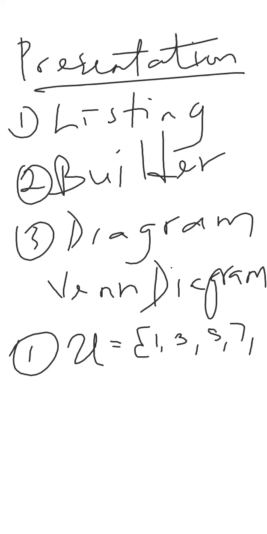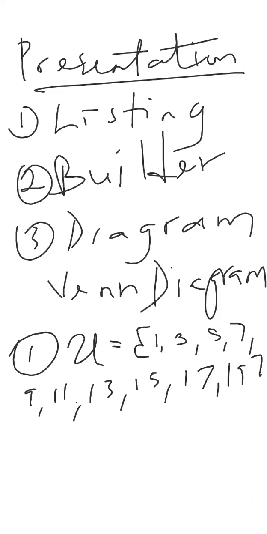Maybe I should stop at 20 because of space and time: 1, 3, 5, 7, 9, 11, 13, 15, 17, and then 19. Okay, let me just stop at this. And then they are telling you that you have a set A. You can see they are listing everything out for you.